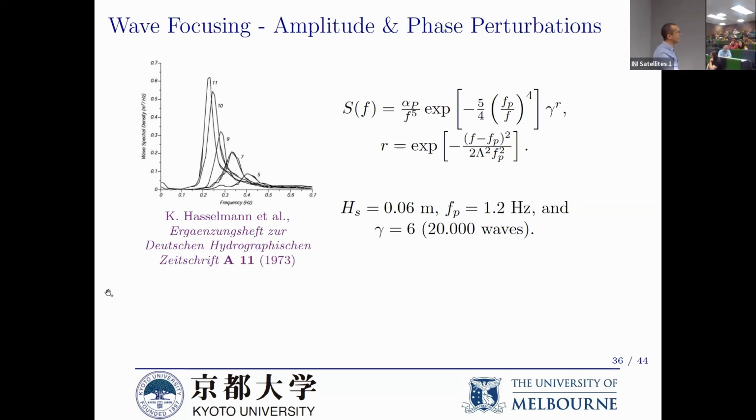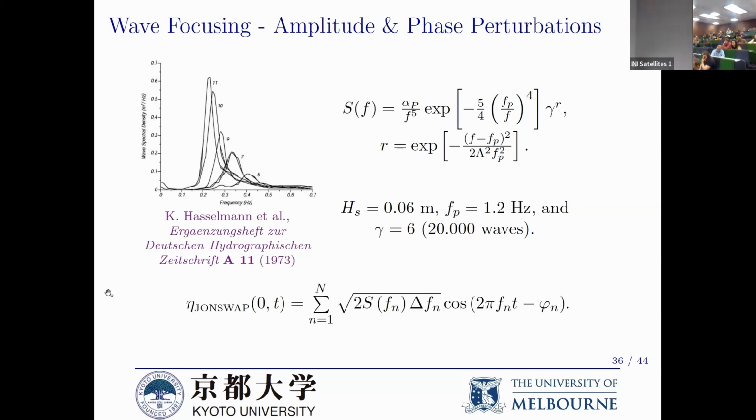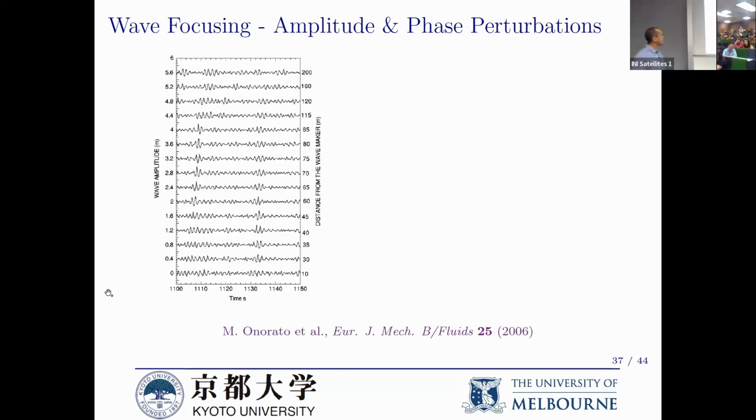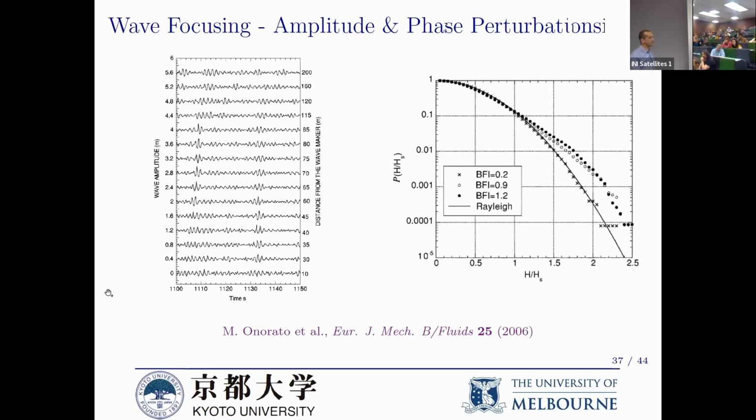We chose these parameters for the wave spectrum, which corresponds to very steep waves. And we know the surface elevation can then be derived from this JONSWAP sea state as the following, where phi are random phases, randomly distributed between 0 and 2 pi. All right, we know from the work of Miguel Onorato and co-authors, if you generate such waves, you can look at the probability of exceedance.